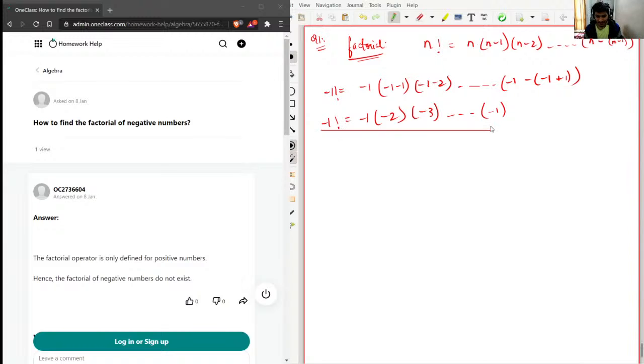And we can clearly see that this is not going to end. This kind of series never ends, and that's why the factorial of a negative number, and in fact the factorial of 0, is not defined.